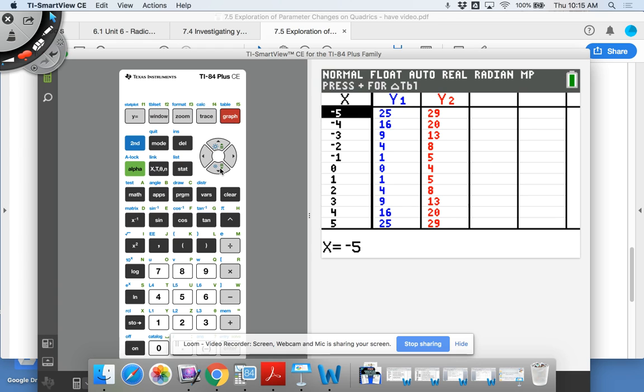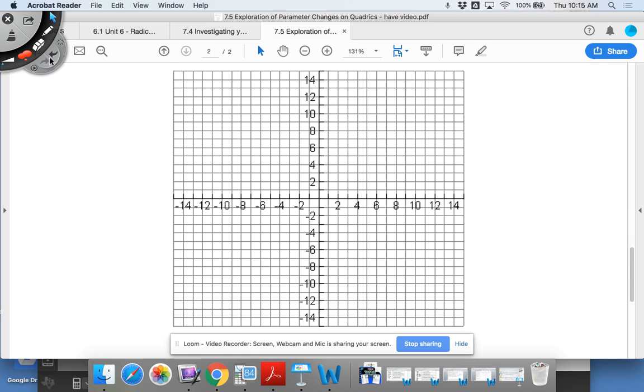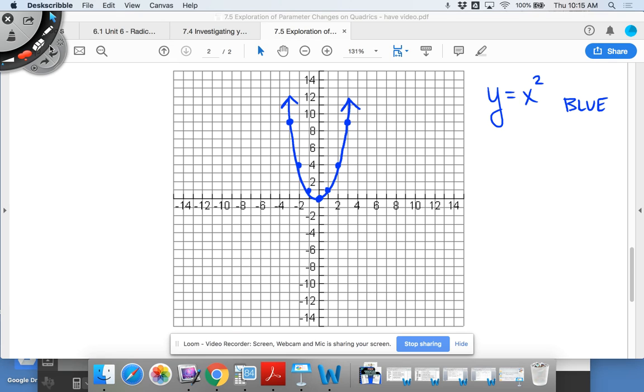So if I look at my table of values, I'm looking at the red ones here, I would get 0, 4, 1, 5, is it 2, 8? Yes. And 3, 13.